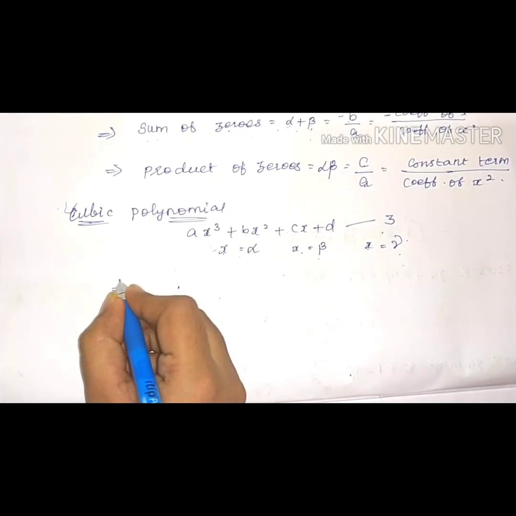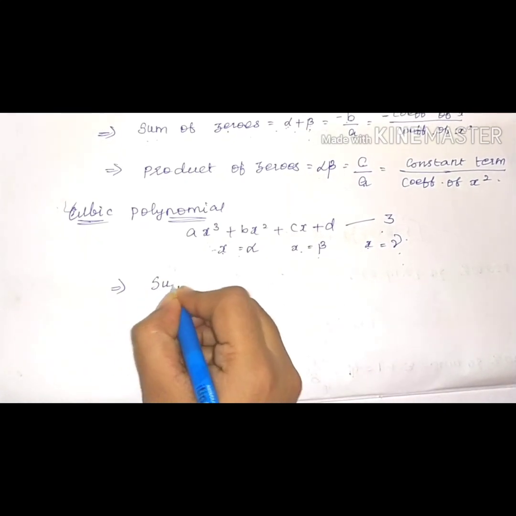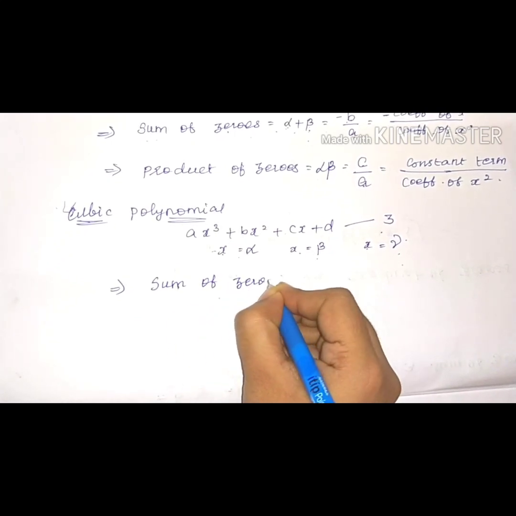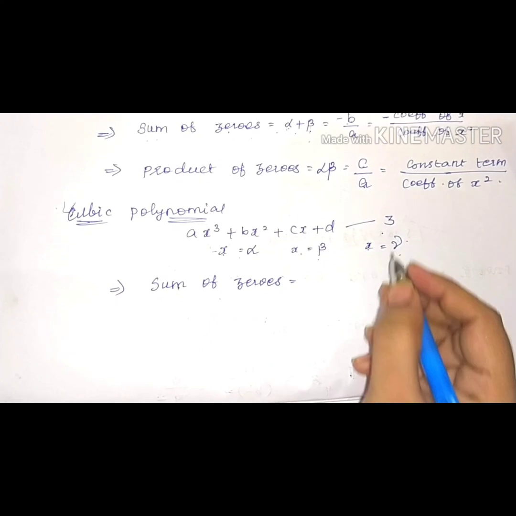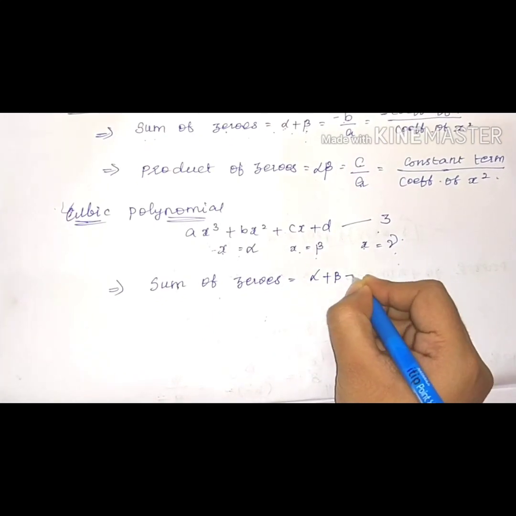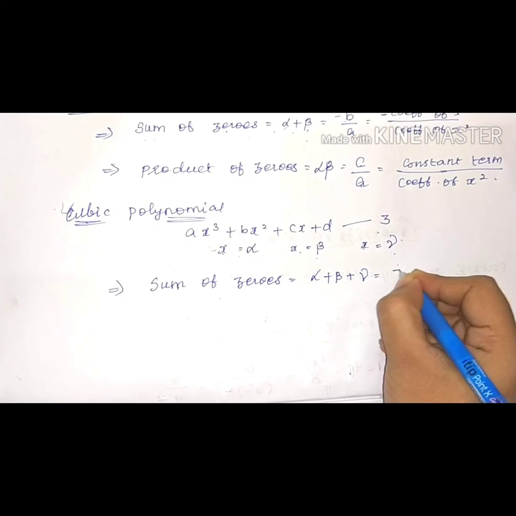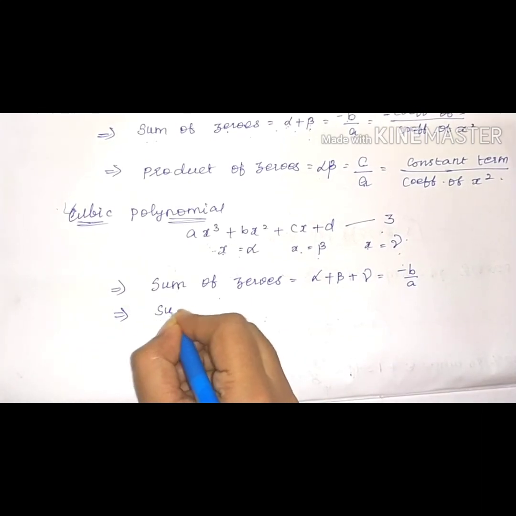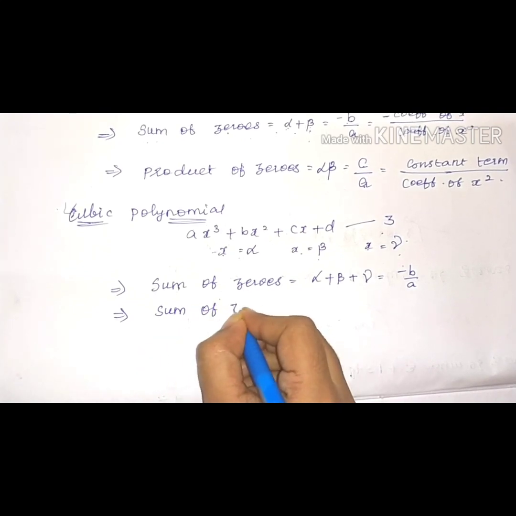The same formula. Now the first one is sum of zeros. Sum of zeros means all the zeros you have to add. Alpha plus beta plus gamma equal to minus b by a. The second one is the sum of two zeros at a time, because here 3 zeros are there.